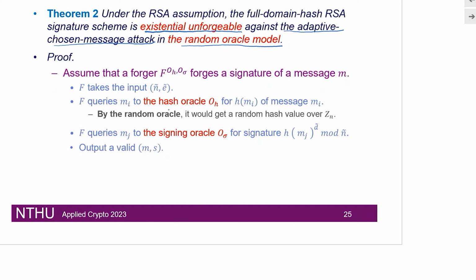And if the attacker queries the same message again, we can check the lookup table and return the value that we returned for it before.